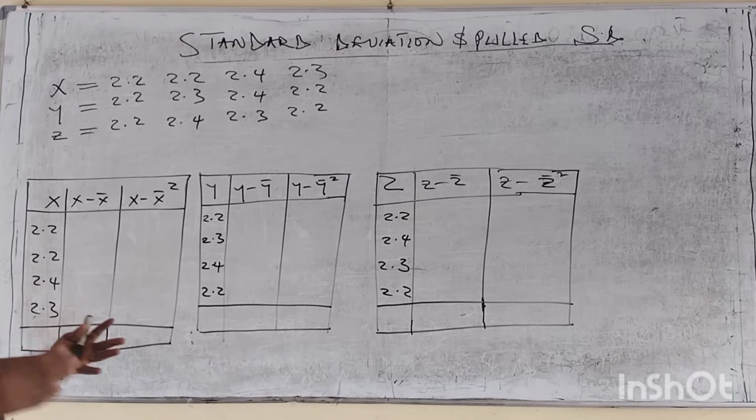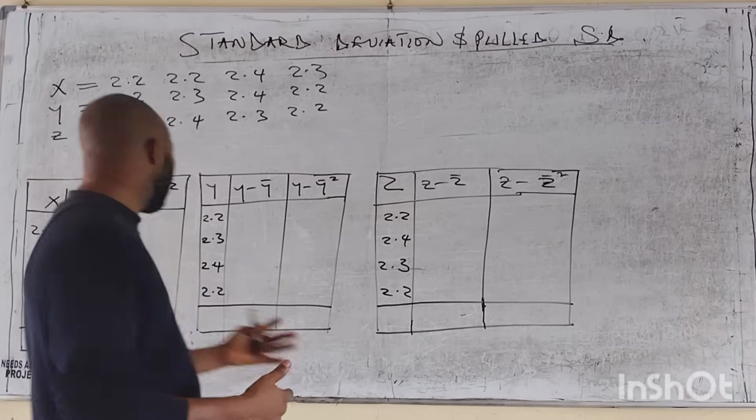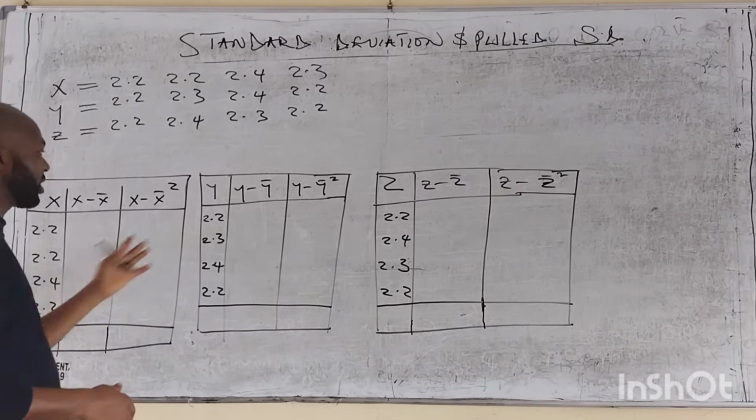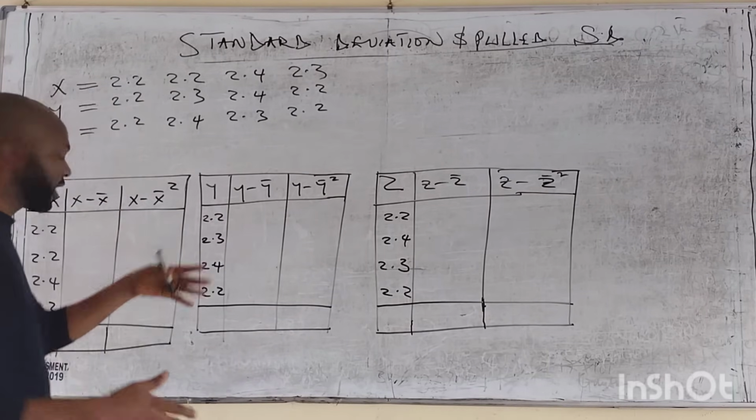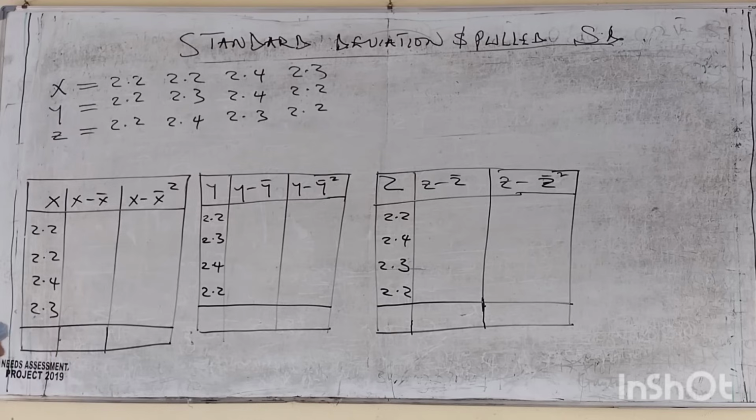is the summation of x over the number of degrees of freedom, 1, 2, 3, 4. The same thing, summation of y over the number of degrees of freedom. So let us get our summations here. I have 2.2 plus 2.2 plus 2.4 plus 2.3.